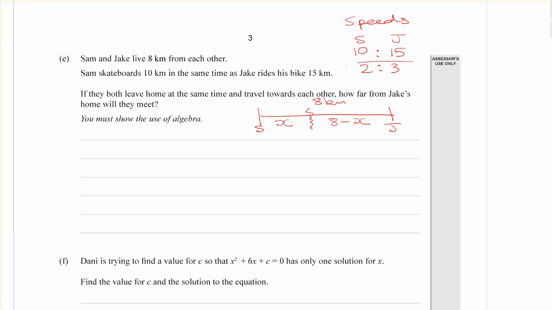Now we do know that their speeds are in the ratio 2 to 3, so a nice way to do this problem, 2 to 3, this is Sam and this is Jake. Sam would have gone x and Jake would have gone 8 minus x.